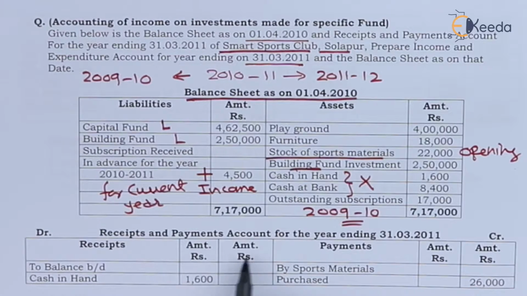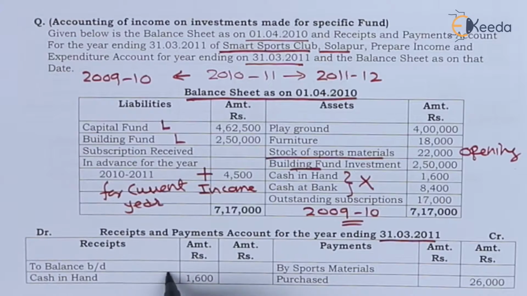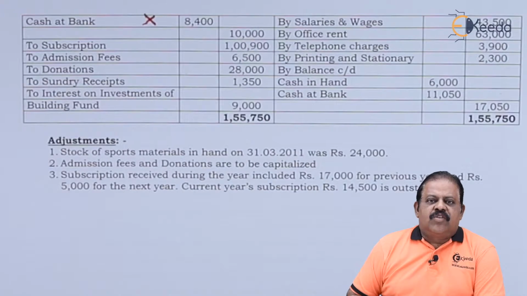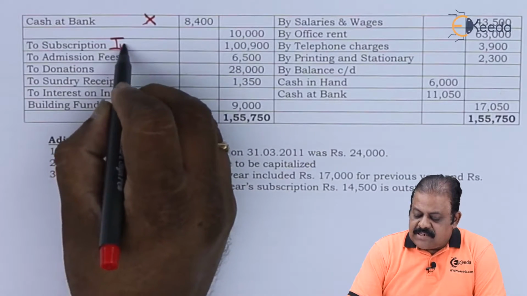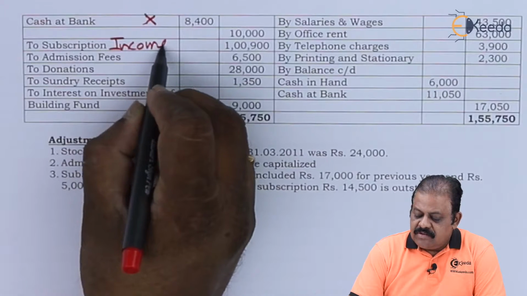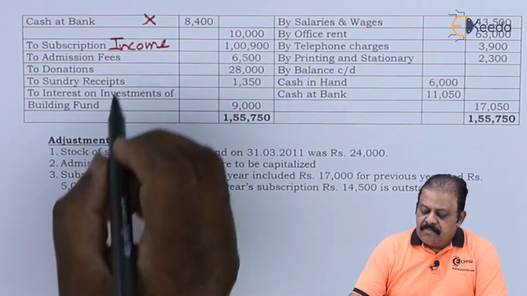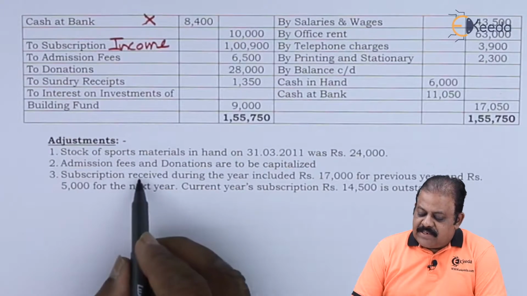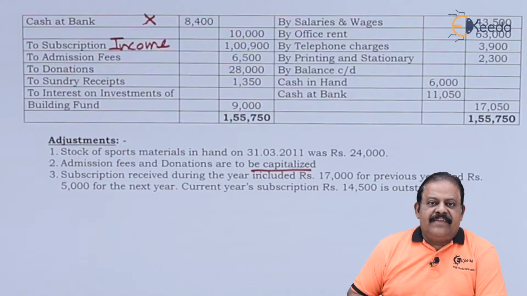Let us go through the receipts and payment account for the year ending 31st March 2011. Opening balance of cash. This is not recorded anywhere. Opening bank balance. This is also not recorded anywhere. To subscription. This is the total subscription we have received. It will be first recorded on the income side. Admission fees. Here adjustment number 2 says admission fees and donations are to be capitalized.